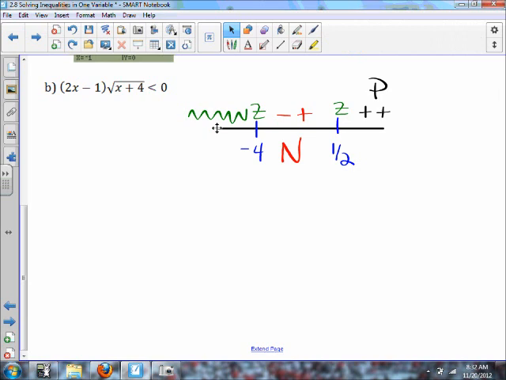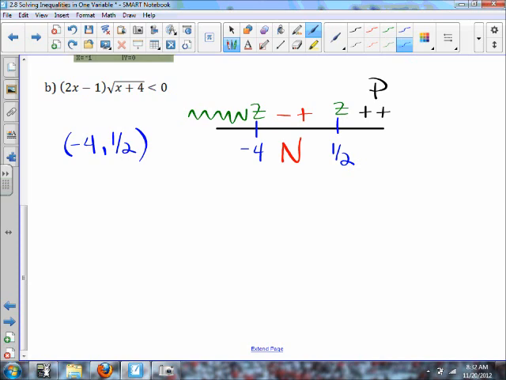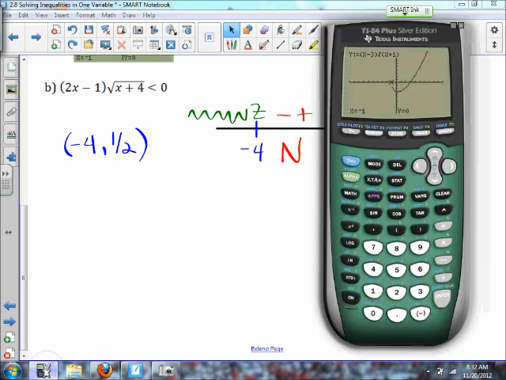Now, we want to see where this thing is less than 0. Well, the only place where it's less than 0 is between -4 and 1/2. So your answer will be -4 to 1/2.